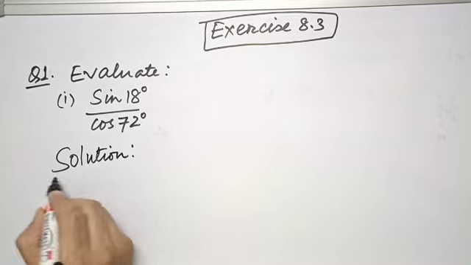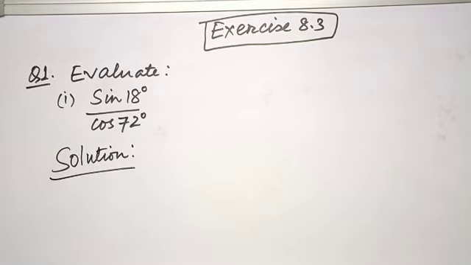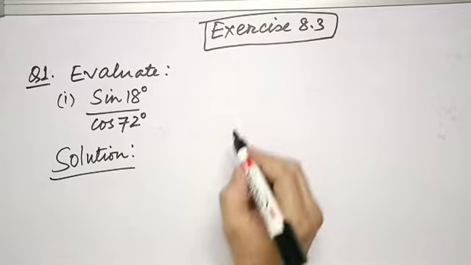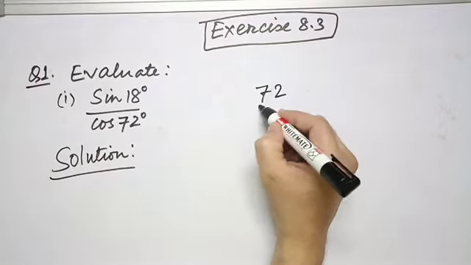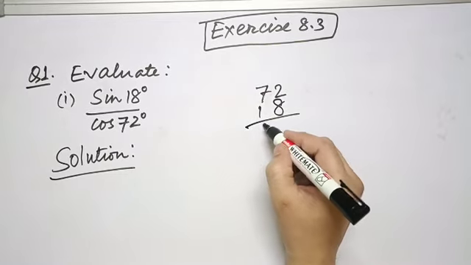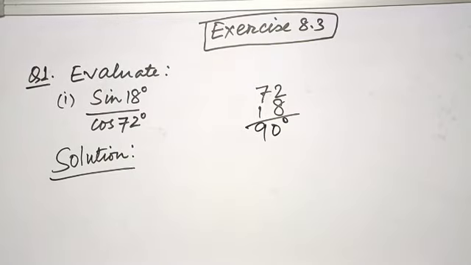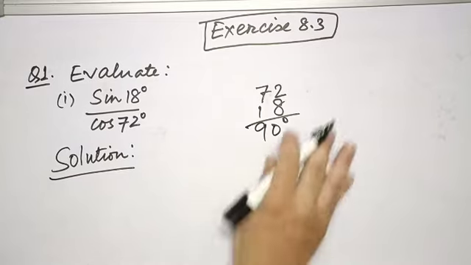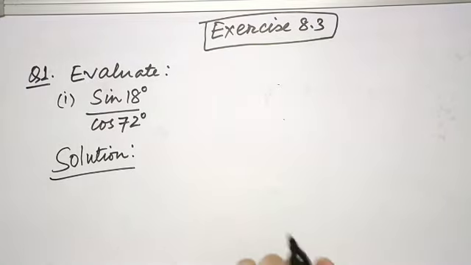Here we are given sin 18 and cos 72. If I add these two angle, you can see this is 90 degree, right? So these are complementary angle.